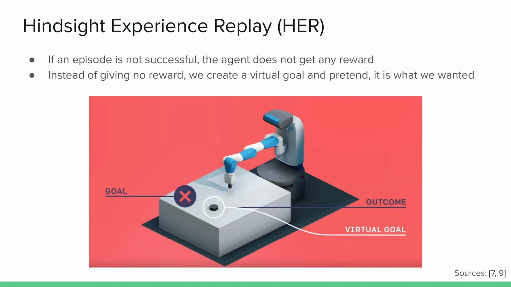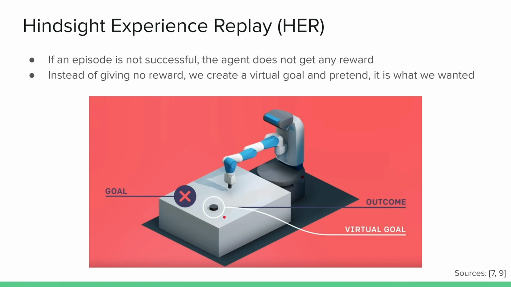What we can do now is pretend that wherever the object landed, it was not where we initially wanted it to land, but we can say, I wanted it to land exactly there. This is exactly what I ever wanted you to do. And we create this virtual goal. So the goal here in the image is that part here, but it actually landed here.